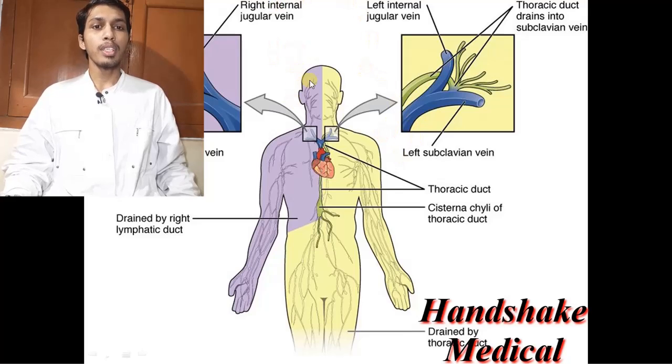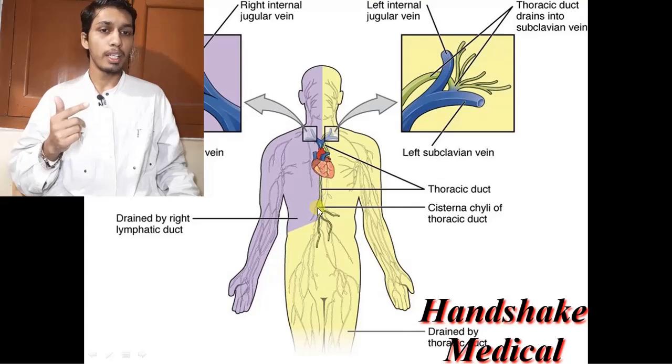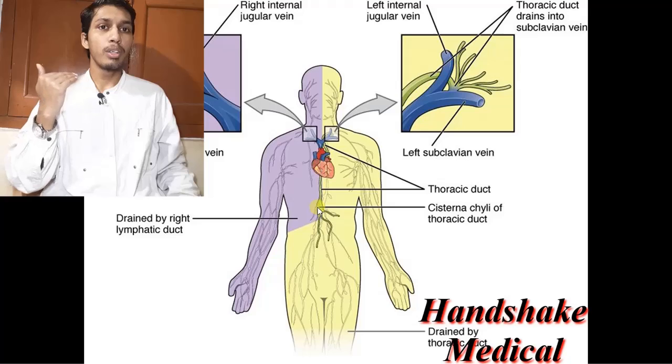Here this blue color region, the right upper quadrant, is drained by the right lymphatic duct, and this white color, the whole of the body except this blue color region, is drained by the left lymphatic duct or the thoracic duct. Now the origin or source of the thoracic duct is from the cisterna chyli that is present in the upper abdomen at the level of the L1 and L2 vertebra and the lower border of the T12 vertebra.